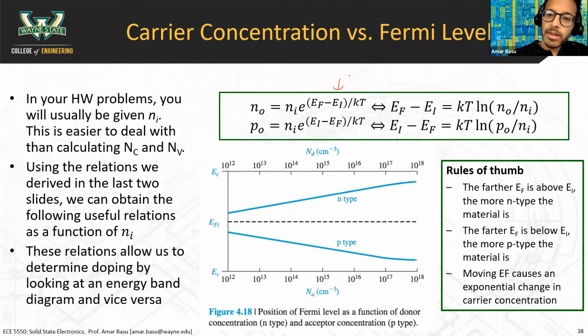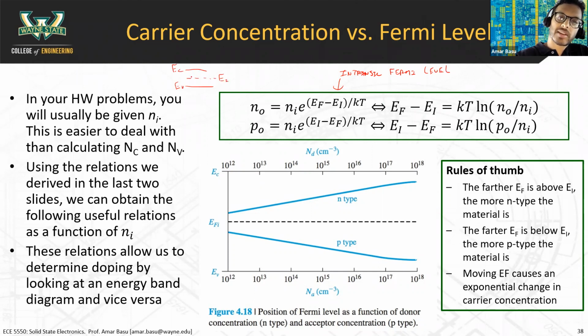E sub I is the intrinsic Fermi level, and the intrinsic Fermi level is basically halfway in between E sub C and E sub V. So if this is our band structure, this is E sub C and this is E sub V. E sub I is right in the middle.